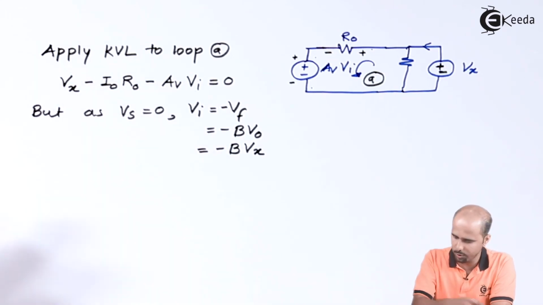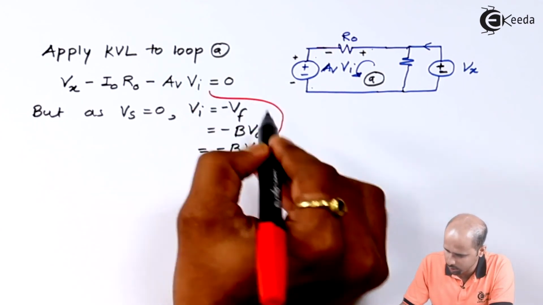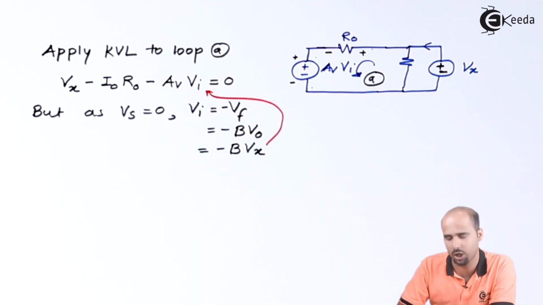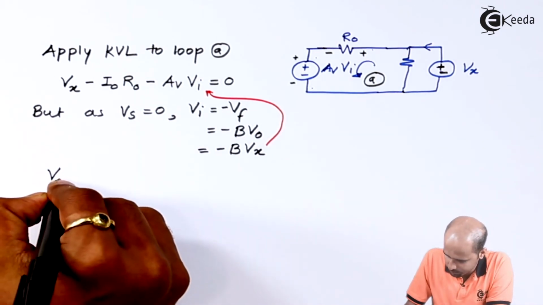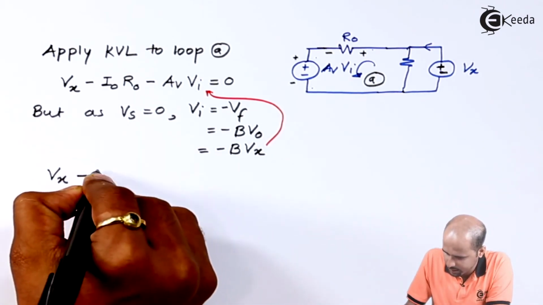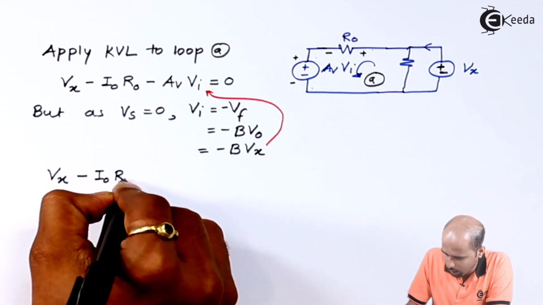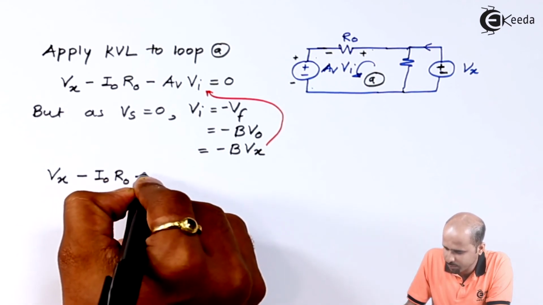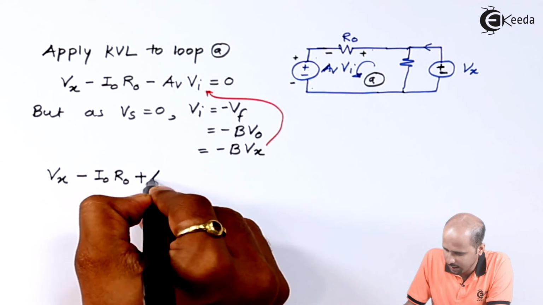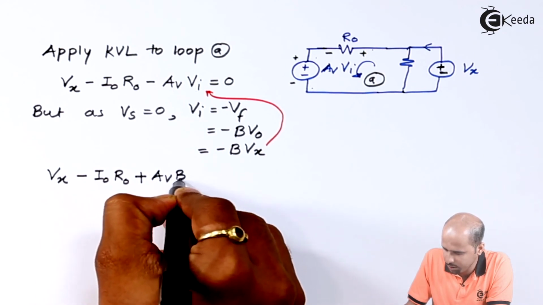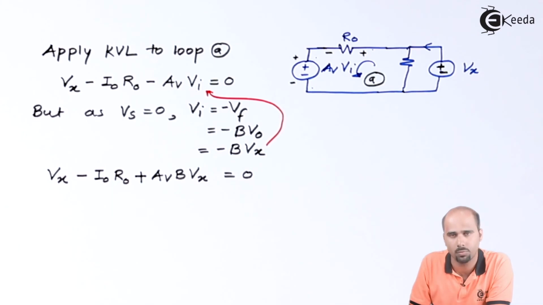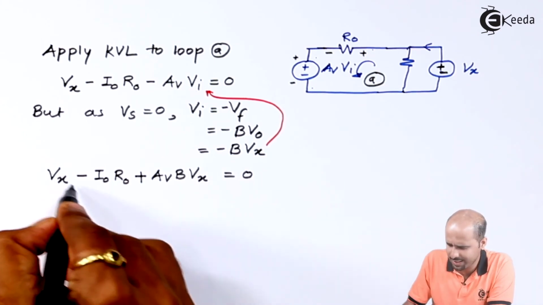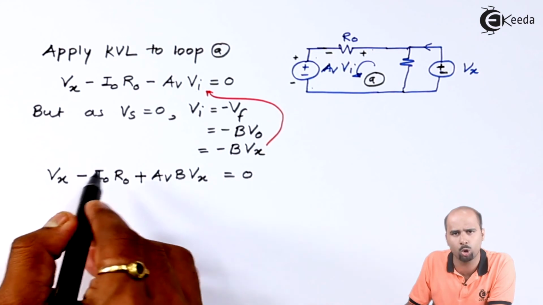What we will do, we will put this particular value in this equation. So we get Vx minus IO into RO, minus of minus will become plus, AV into B into Vx is equal to 0. Very simple. I will keep IO RO at the right hand side.